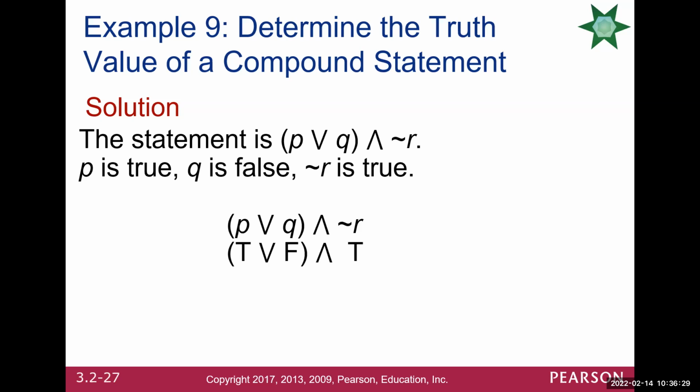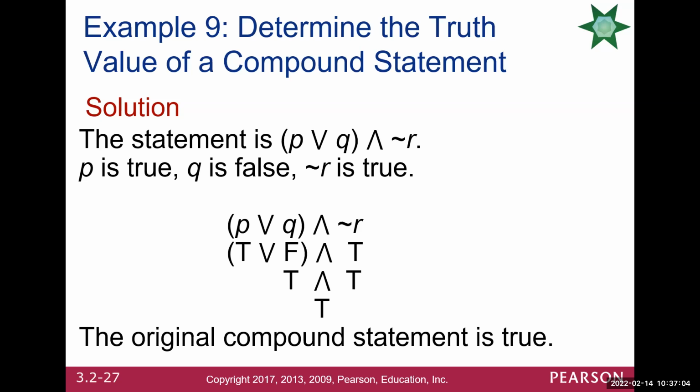It's true. So underneath this parenthesis, I'm going to write true. And then I bring down the and true. And then think about our connective for our conjunction. When we say the word and, I need this and this to both be true at the same time in order for my outcome to be what? True. So I know that takes a while to get there, but the actual truth value of that whole entire compound statement is true. Okay, so the original compound statement is true.